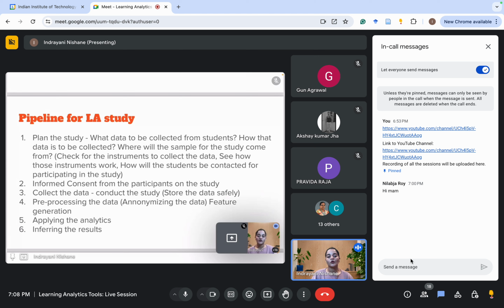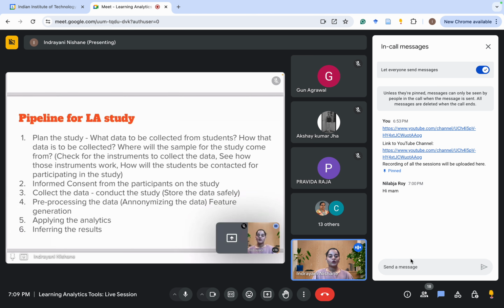We need to keep all these things in mind, and then how you will contact or gather those students who are your potential participants. So that goes into planning the study.